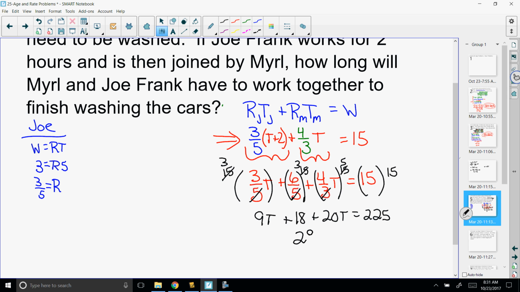So you get 29T equals, and if I subtract 18, 207.